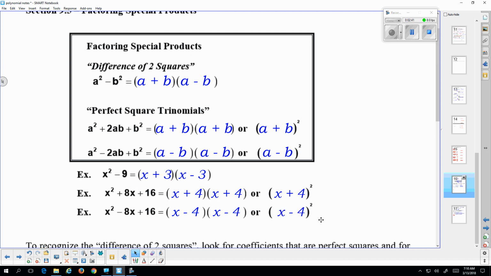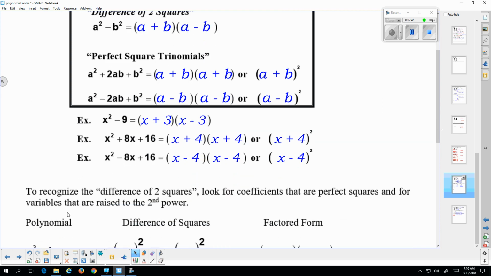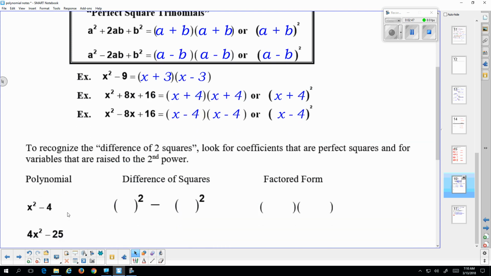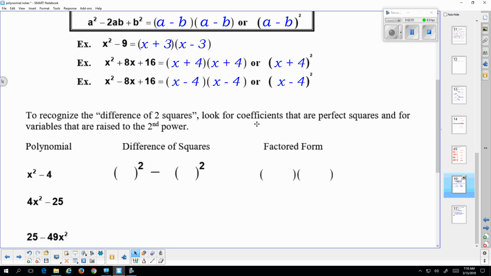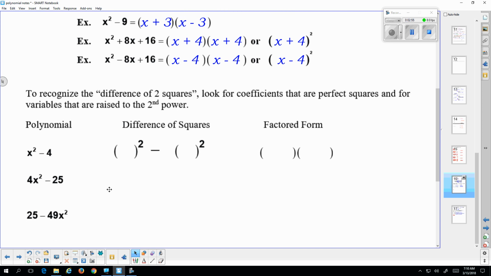Okay. So we're going to do a few more examples so you can see how to recognize these. To recognize the difference of two squares, look for the coefficients that are perfect squares and for the variables that are raised to the second power. So you need to have two things. You need to have a variable raised to a second power, which all three of these examples do.